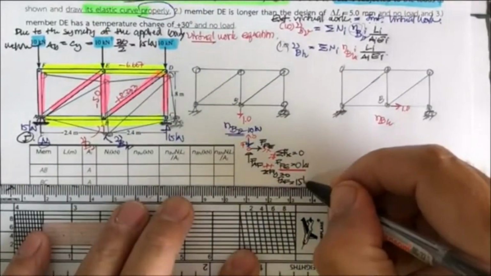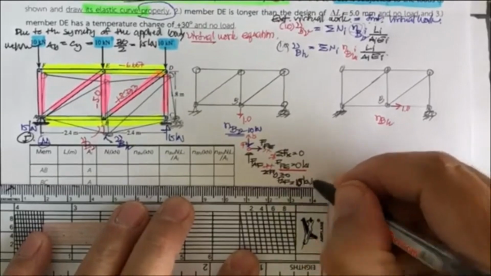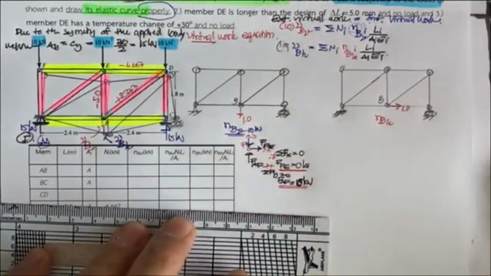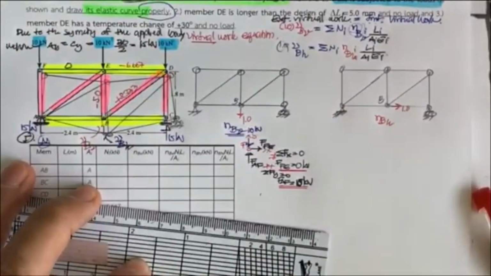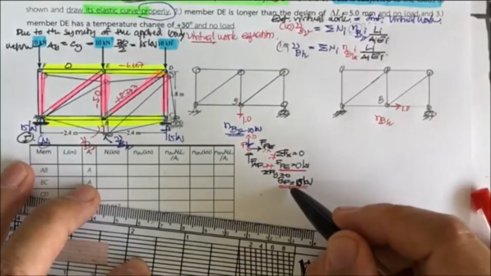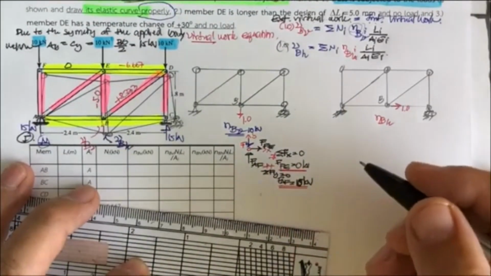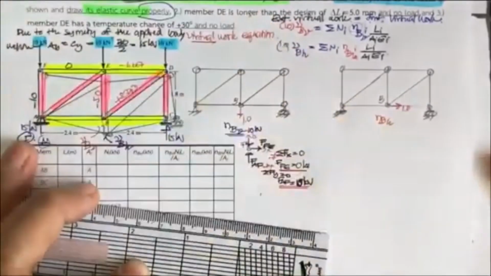And then, no, sorry, it's going to be 10 kilonewton. And then we have this 0 kilonewton, and AF is like this. So this one is going to be in compression, so it's going to be minus 10.